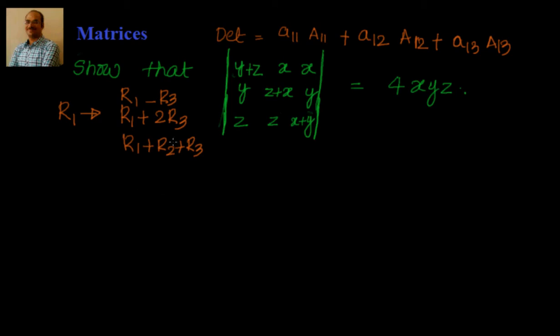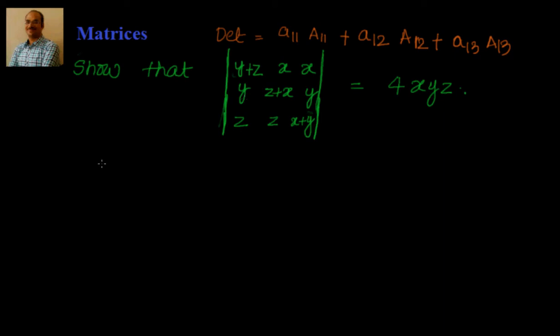So we'll leverage that property. We want to get some zeros in this matrix by applying row transformations, so that we can use the formula that the determinant equals element into its cofactor, taking elements of one particular row or one particular column.